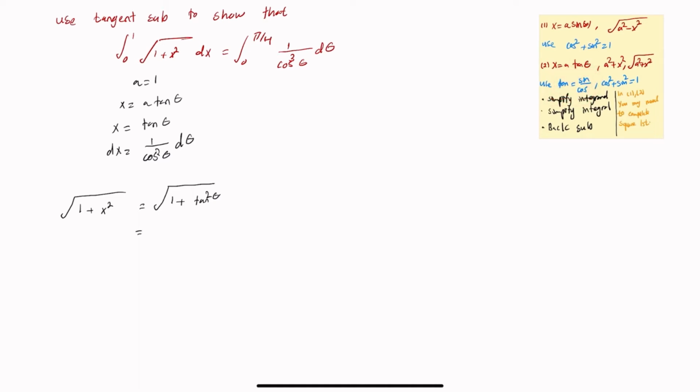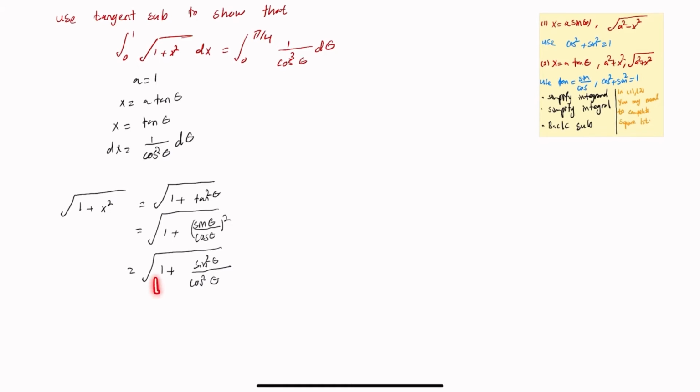So this is going to be equal to 1 plus tan squared of theta, which is sine of theta over cosine of theta, both squared. So that's equal to the square root of 1 plus sine squared of theta over cosine squared of theta. Now we want to make this into one fraction, so I'm going to multiply by cosine squared of theta, its denominator and its numerator.